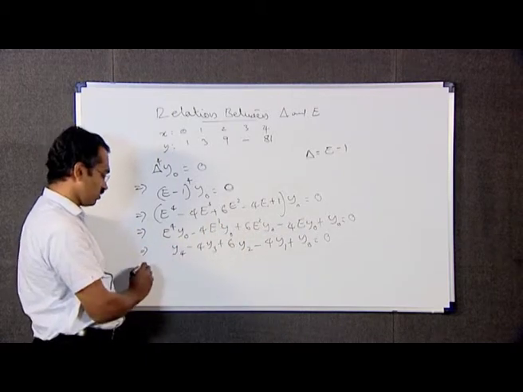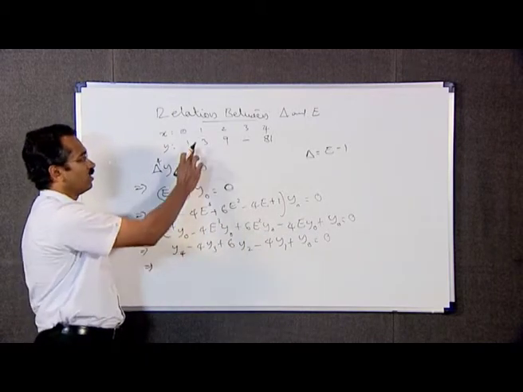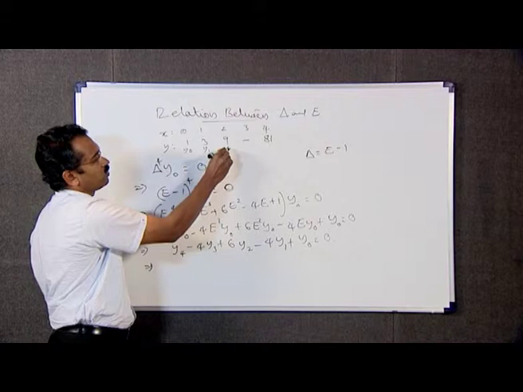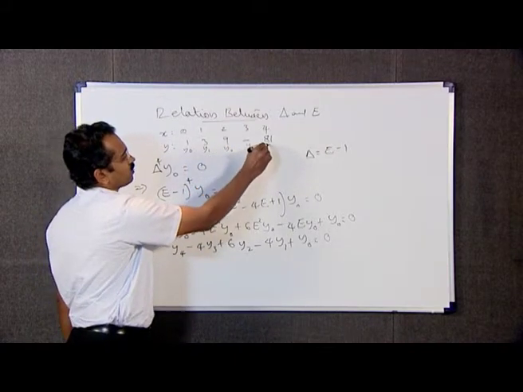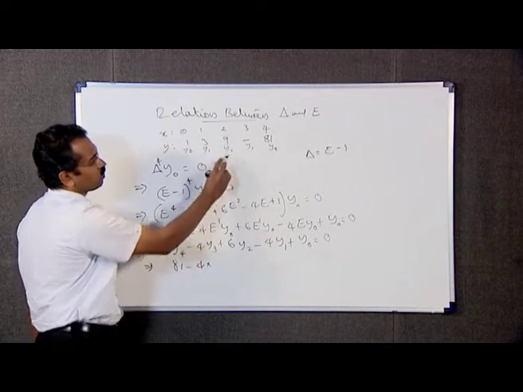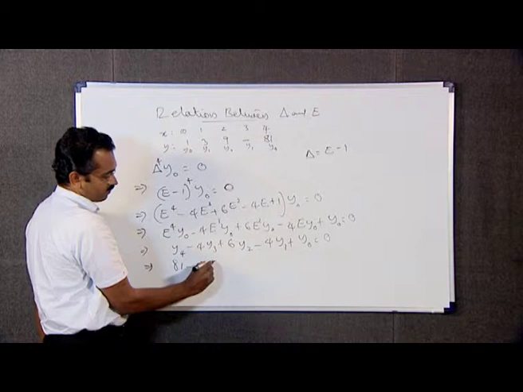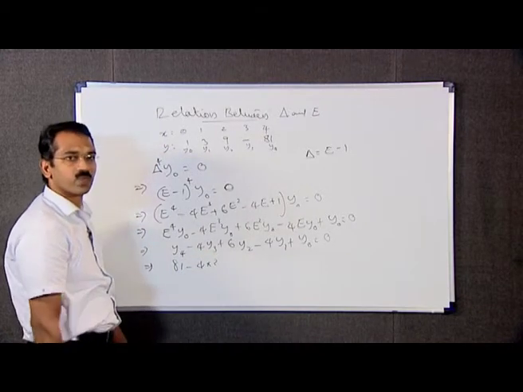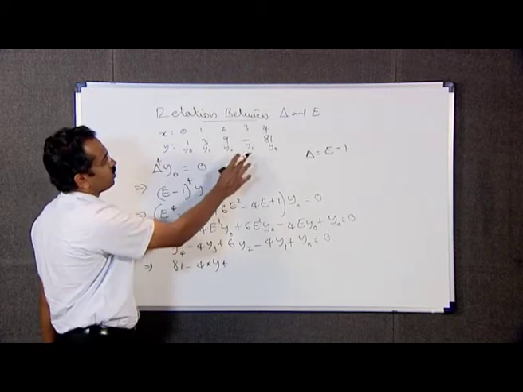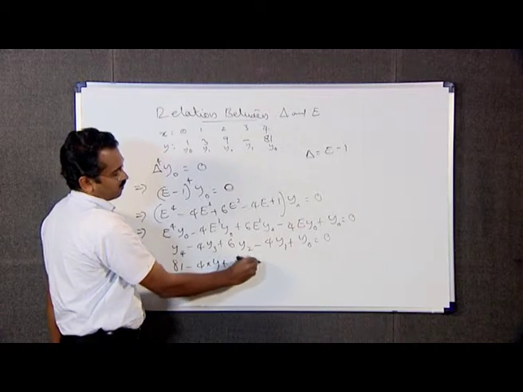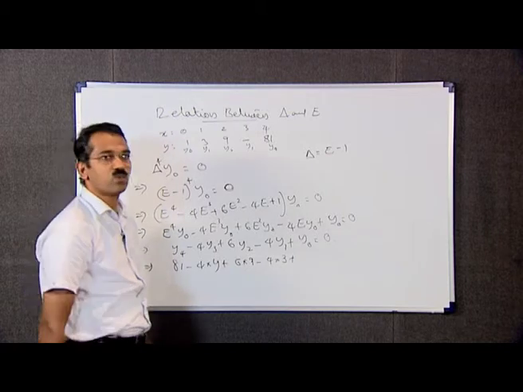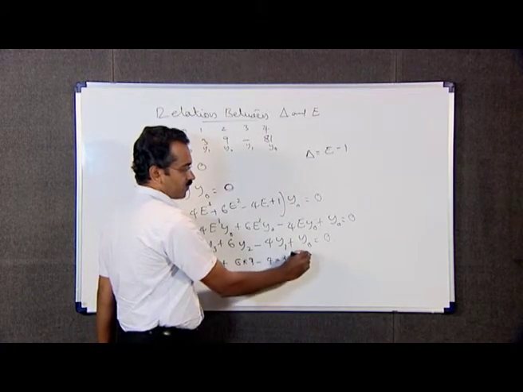By the substitution, y0, y1, y2, y3 and y4 are given, so y4 is 81 minus 4 into y3, which is missing, plus 6 into y2, y2 is 9, minus 4 into y1, y1 is 3, plus y0 is 1, is equal to 0.